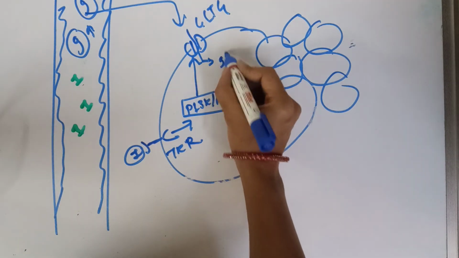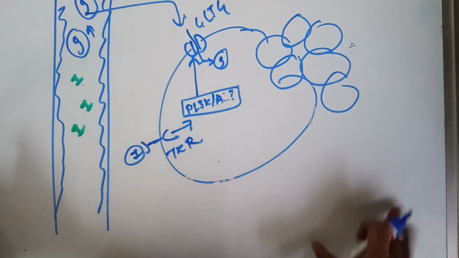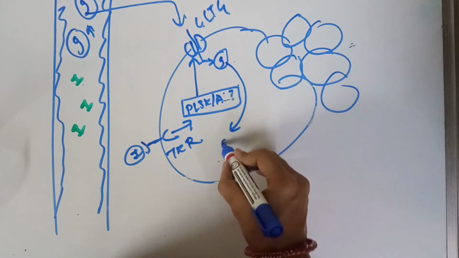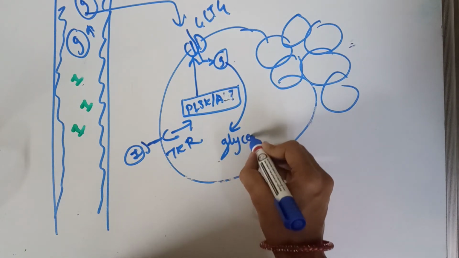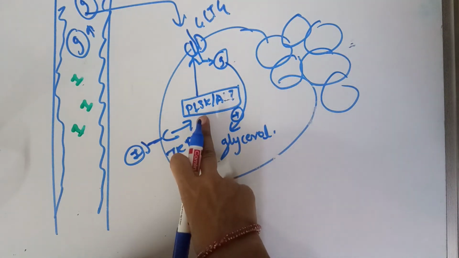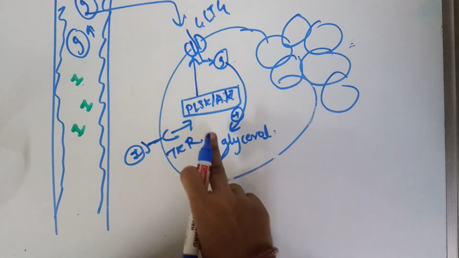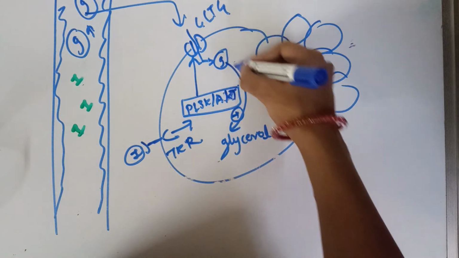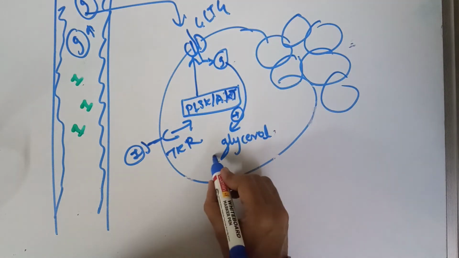Now glucose has come inside. Then what is the first role? This glucose is converted to glycerol. This is allowed via this PI3K-AKT complex, which enhances glycerol production.